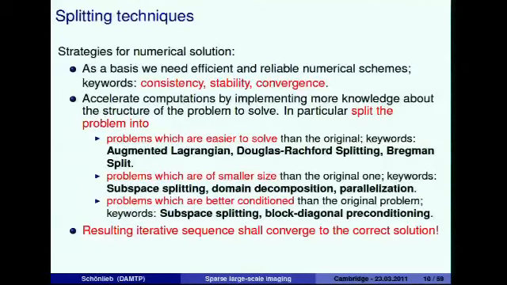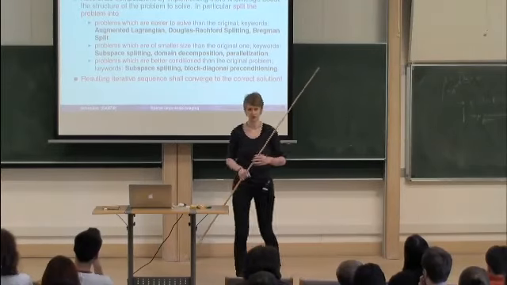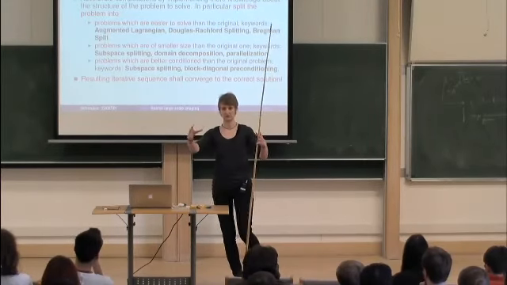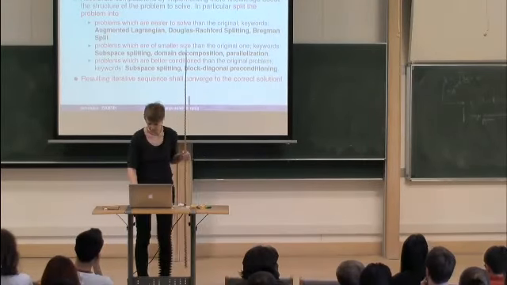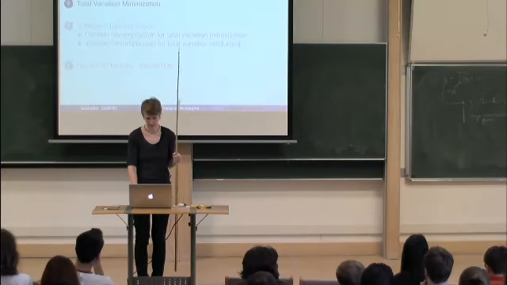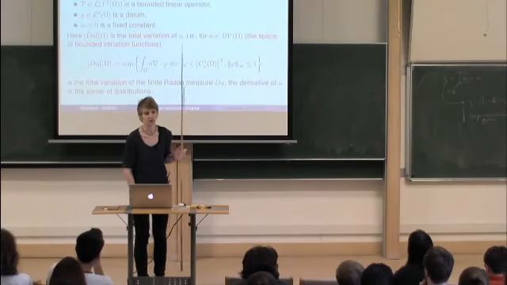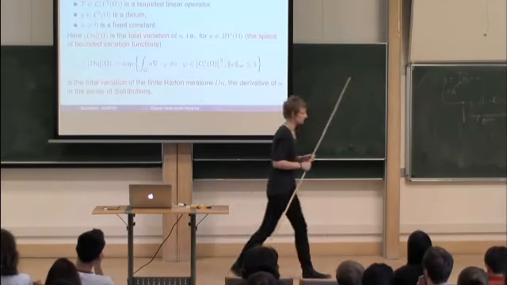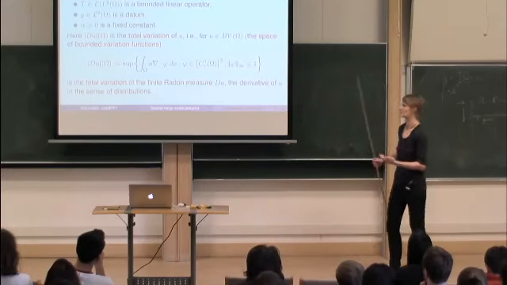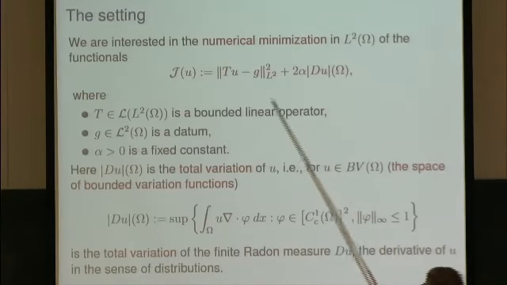And when we talk about these splitting techniques, we want to find splitting techniques which produce an iterative sequence of solutions that really converge to a minimizer of the functional on the whole space, on the whole physical domain, where my minimization problem is defined. So, total variation minimization, being a little bit more specific than saying it's the L1 norm of the gradient of u, what we want to solve is this.